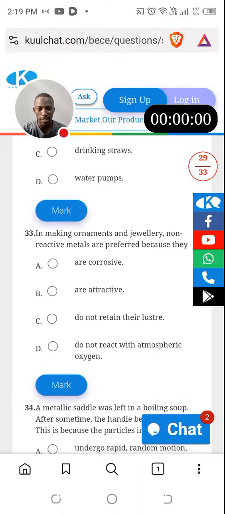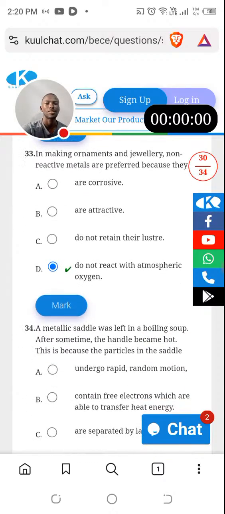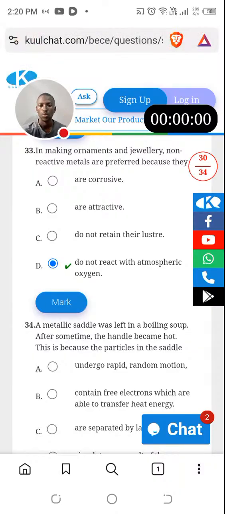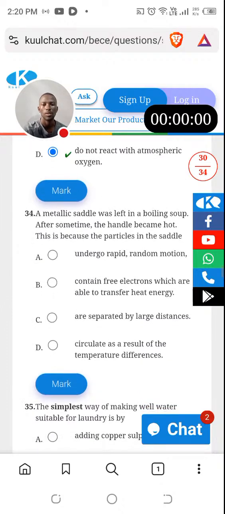Question 33. In making ornaments and jewelry, non-reactive metals are preferred because they do not react to atmospheric oxygen. This is no brainer. Question 34.